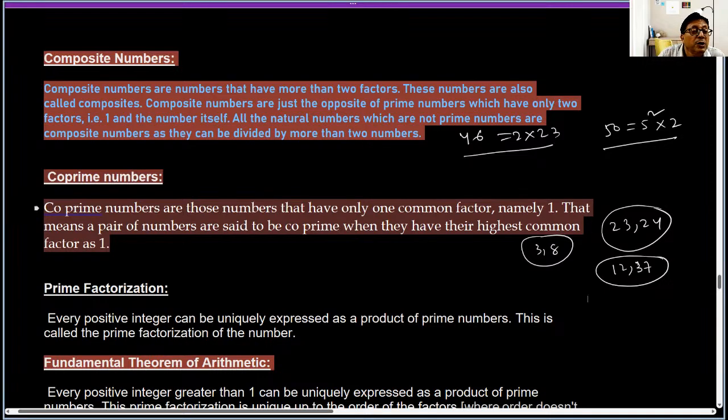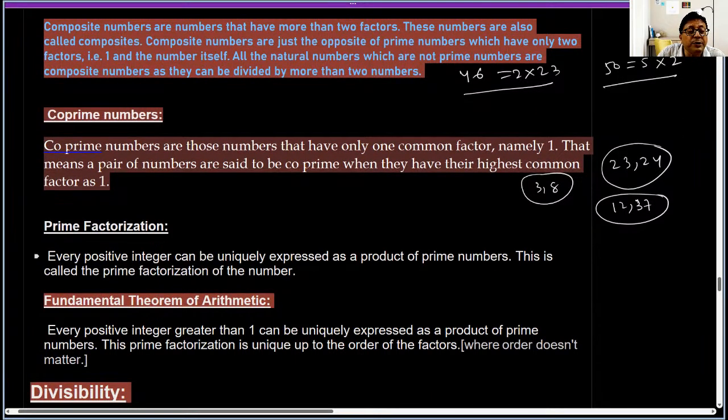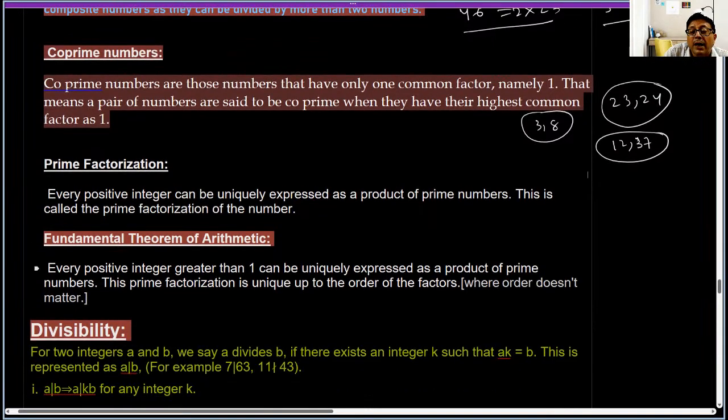Okay. For a composite number, prime factorization is possible. Every positive integer can be uniquely expressed as a product of prime numbers. This is called the prime factorization of the number, and order doesn't matter in this prime factorization. Okay, you all have a little bit of an idea about prime factorization.